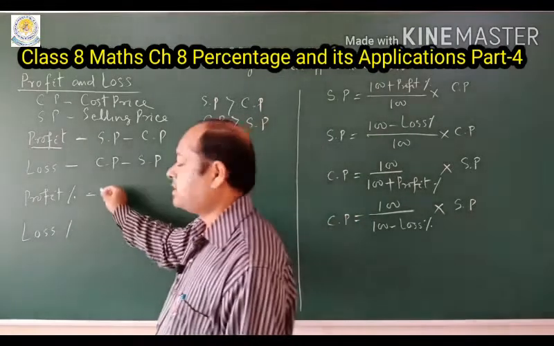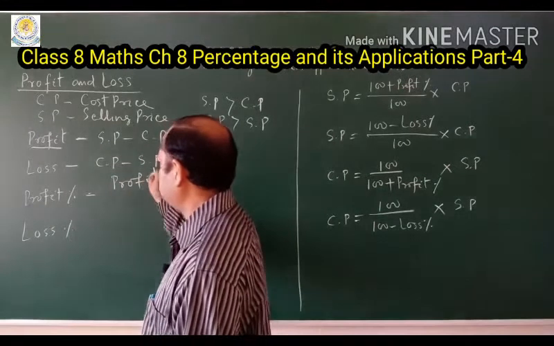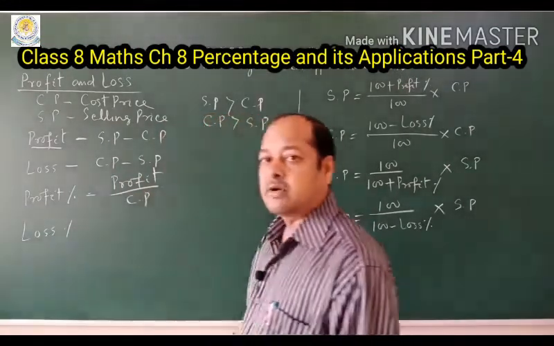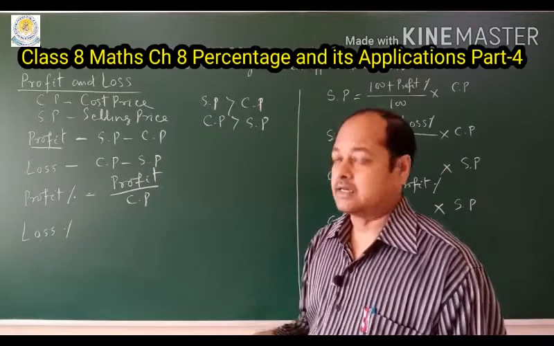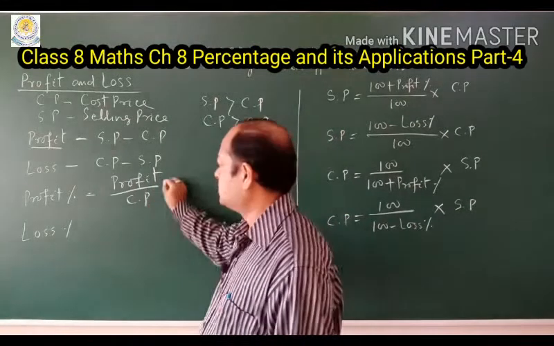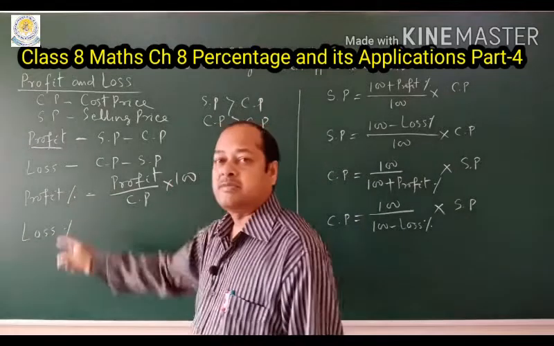So the profit percentage formula is profit upon cost price. Always, profit and loss are calculated upon the cost price of the article or the item. So profit upon cost price into 100 is the profit percentage.